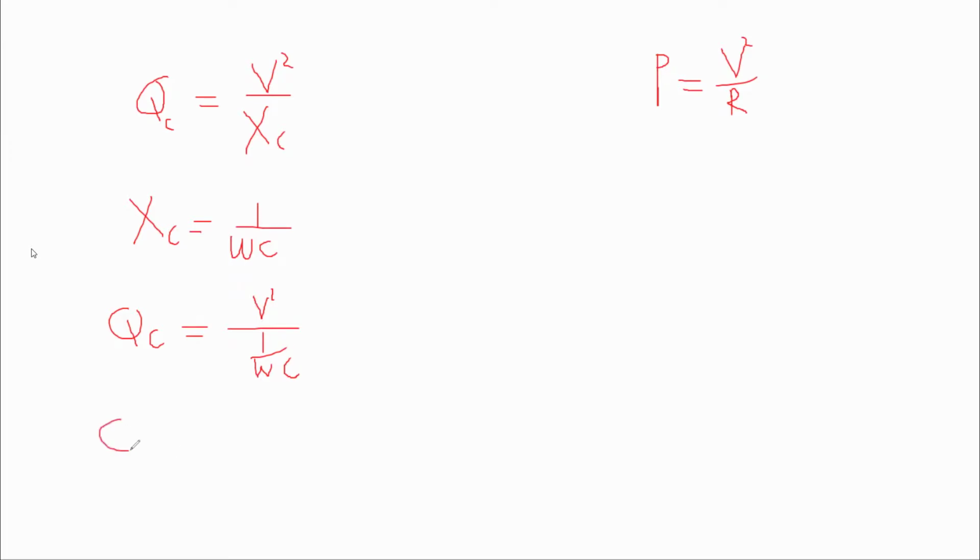So QC will equal omega C times V squared. If I want C, the capacitance, by rearranging this one, it's going to be C equals QC divided by omega V squared.